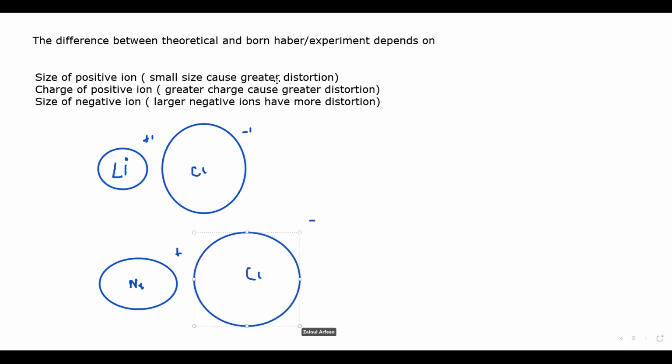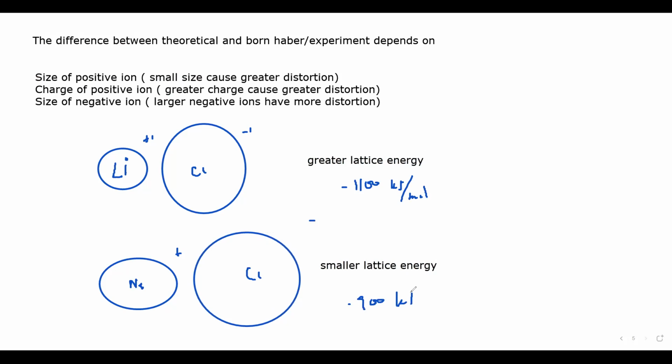First thing, which will have a greater lattice energy? Because the ions are smaller, lithium chloride will have a greater lattice energy, and sodium chloride will have a smaller lattice energy. If this is 1100 kilojoule per mole, then this will be minus 900 kilojoule per mole. Negative sign shows that it is always exothermic.